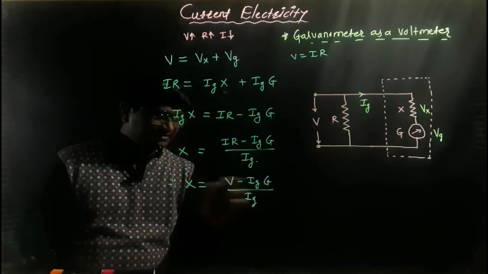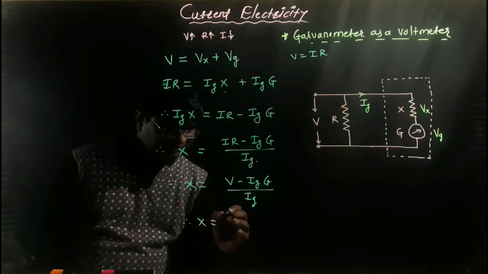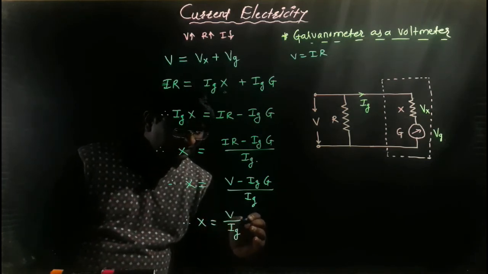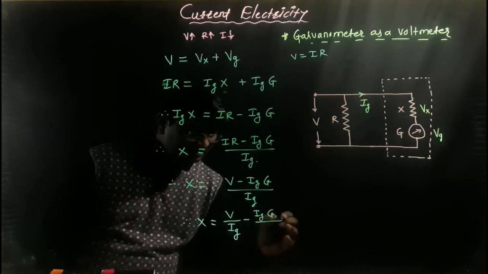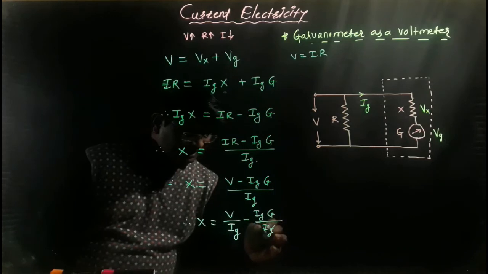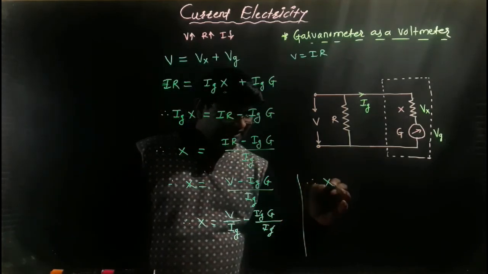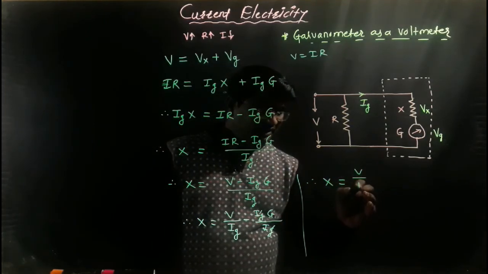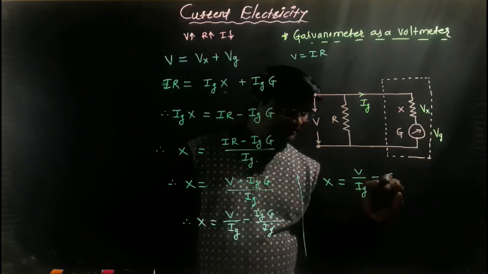Dividing separately, X is equal to V upon Ig minus Ig G upon Ig. This Ig gets cancelled, and we find the high value resistance X is equal to V upon Ig minus G.